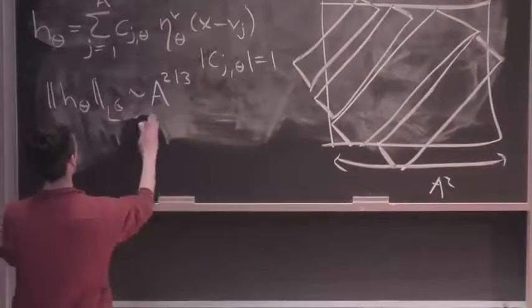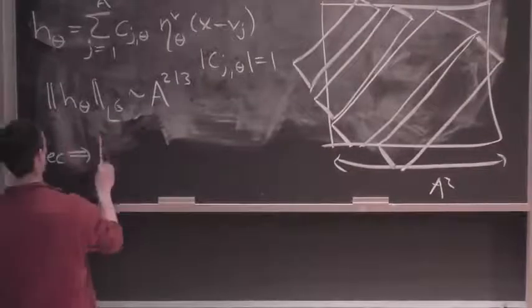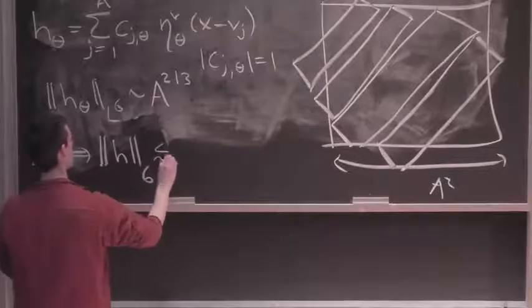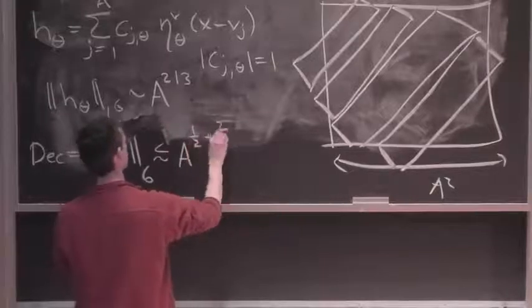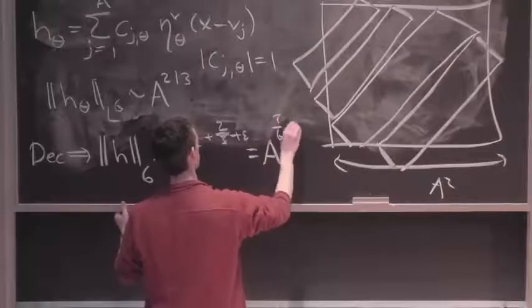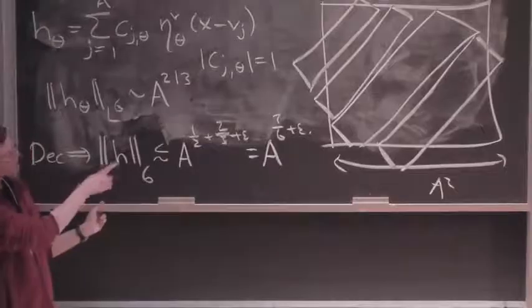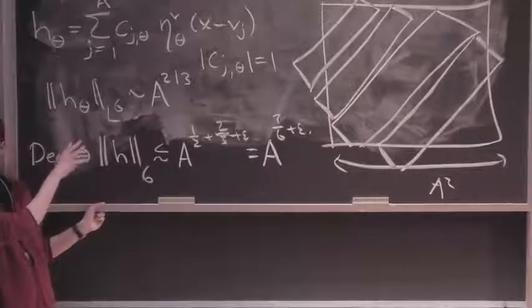And so decoupling tells us that the L6 norm of h is bounded by A to the 1/2 plus 2/3 plus epsilon, so A to the 7/6 plus epsilon. And I want to think about what this is telling us about how the different functions h theta are adding up.